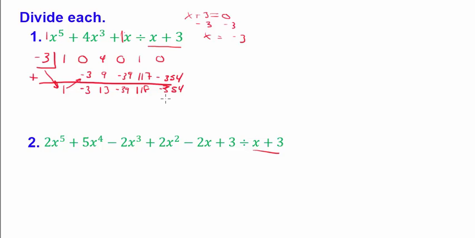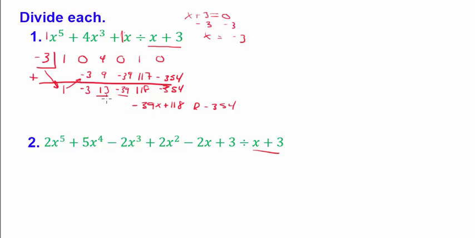Now, to find the final answer, what I suggest you do, especially until you start seeing the pattern, is start on the very end. So the very last term is your remainder. So this is a remainder of negative 354. The very next term is your constant, so I'm going to start with plus 118. Then the next term is going to be your linear term, which is with your x, so negative 39x.